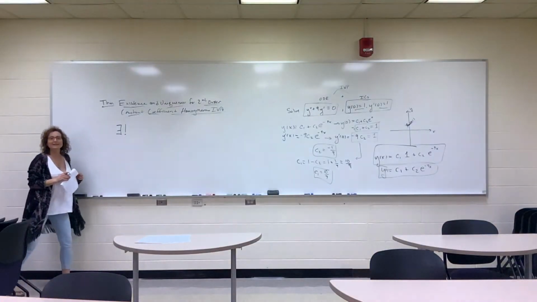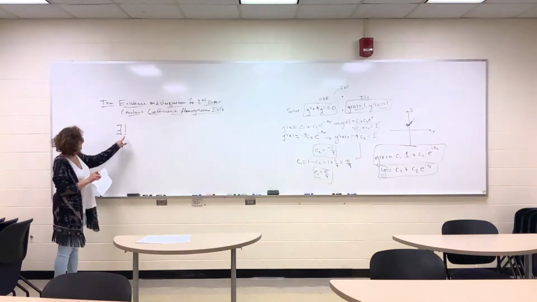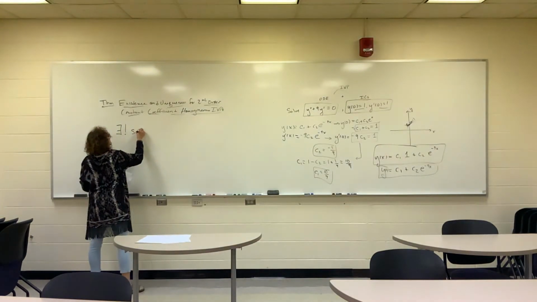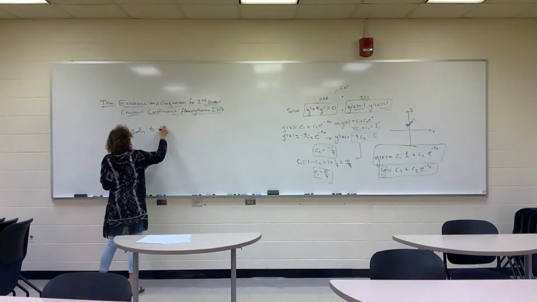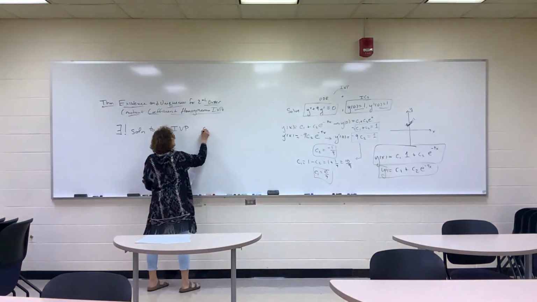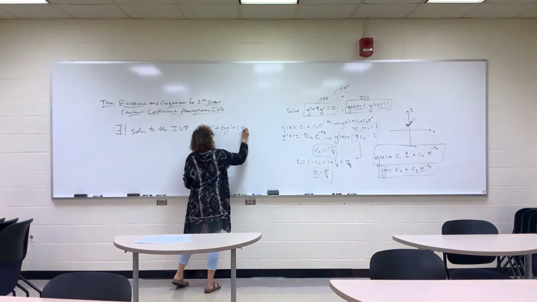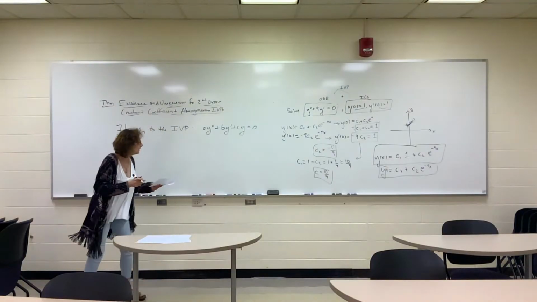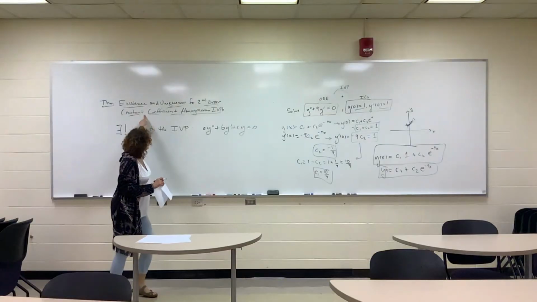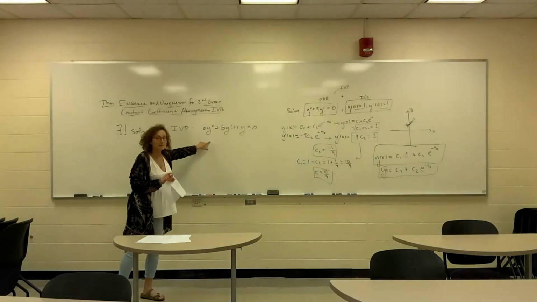There exists a unique solution to the initial value problem. Okay, here it is. A y double prime plus b y prime plus c y equals 0. You knew it was going to be that, right? Because why? It's second order, constant coefficient, homogeneous, right? That's it right there. That's the words, that's the math, yeah?